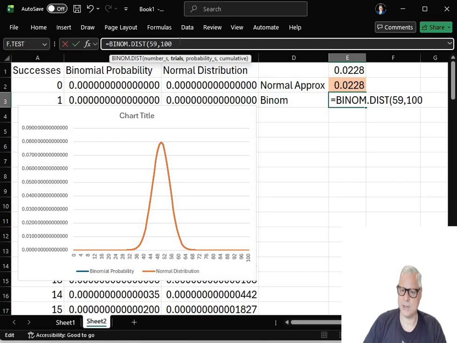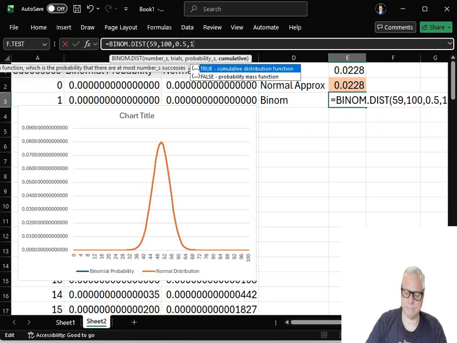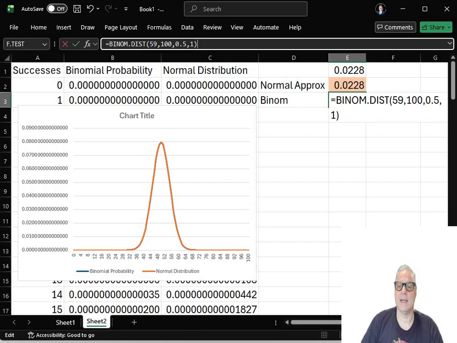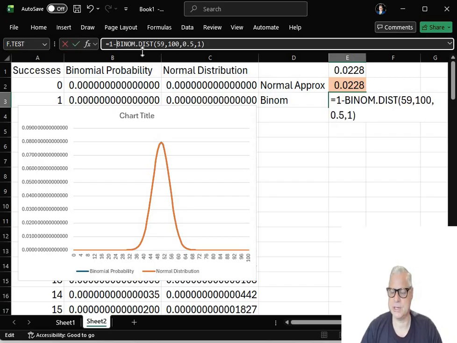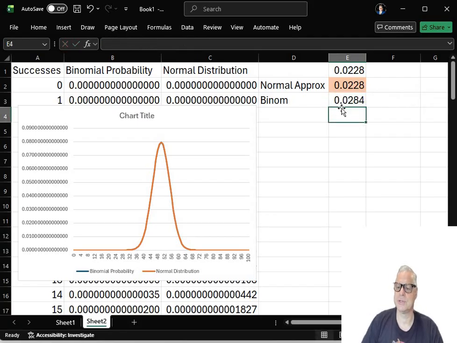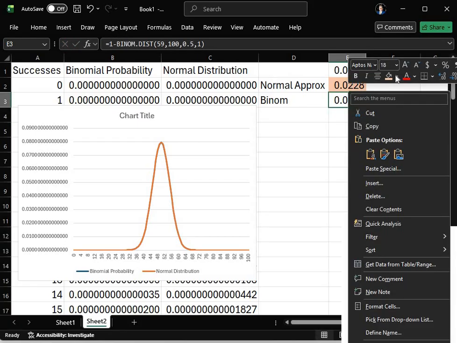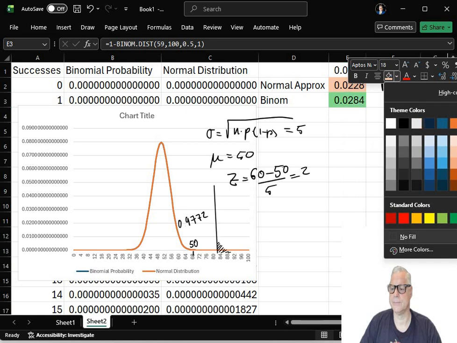Number of trials, we said 100. Success probability 0.5. Cumulative, yes. And this needs to be subtracted from 1. So now when I press enter, you see the mathematically correct result, which is 0.0284.